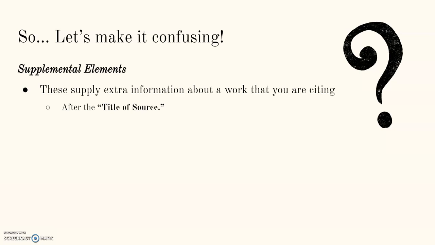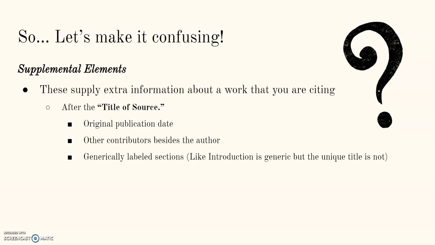So if you have something that's extra, like an original publication date, or that there's more than one contributor, like there's an author, but there's also an editor or a translator, or there's other generically labeled sections like introduction or chapter 6, all of these things would be coming after the title of the source.